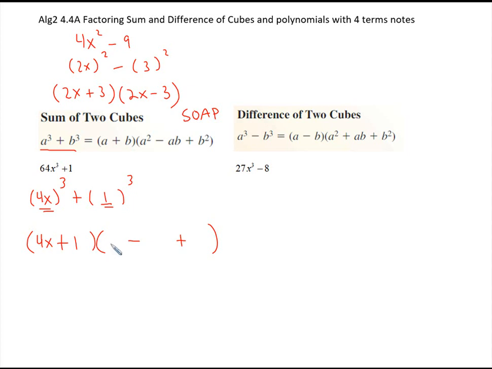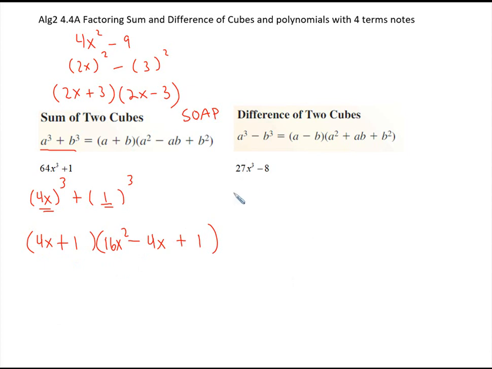This first term of the trinomial, we just square the 4x, so we get 16x squared. To get the middle term here, we multiply these two, so that's going to be 4x. Now you don't need to worry about the sign because it's already there. So you just multiply whatever these are. And then over here we have the 1, we square it and we get 1, and that would be your answer.